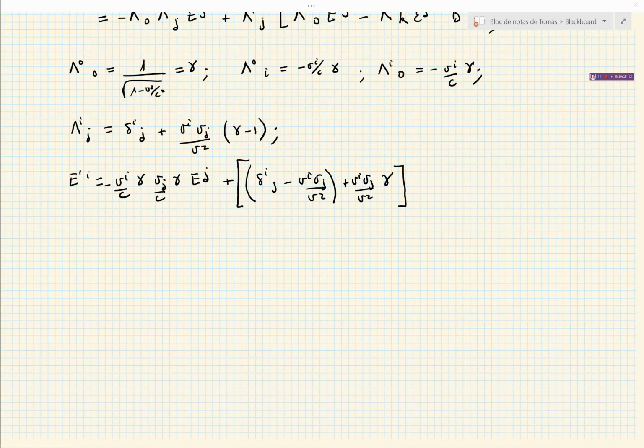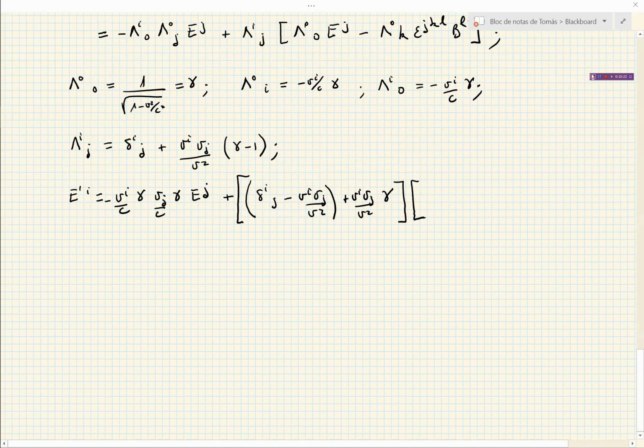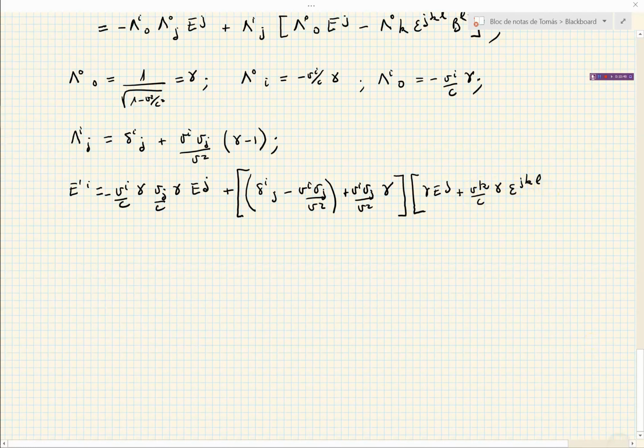So now this term multiplies lambda 0 0, E j, lambda 0 0 is just gamma, so it's gamma E j, minus lambda 0 k is minus and minus, it is a plus v k divided by c gamma, and then epsilon j k l B l.